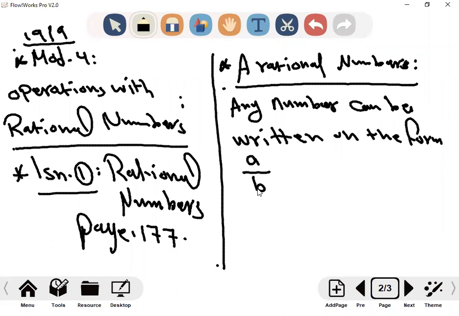But we have conditions on A and B, not any two numbers, right? We have two conditions on these numbers, A and B.